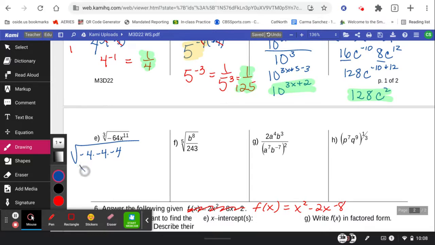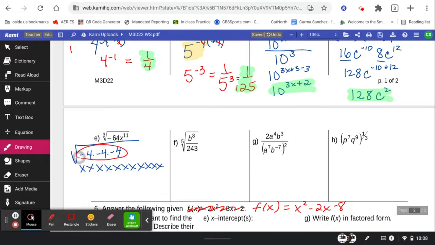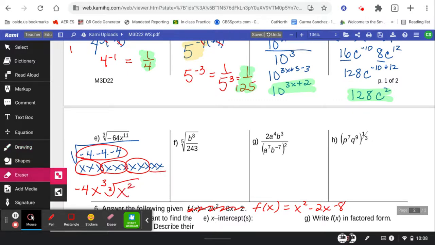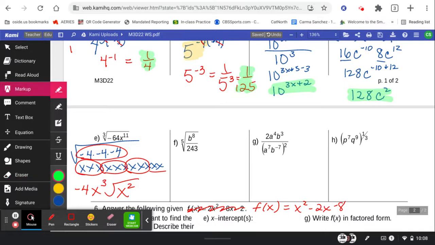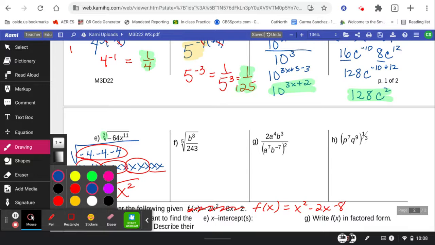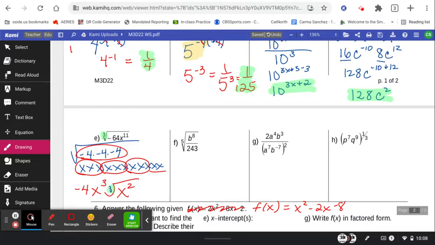And then x to the 11th. And we're looking for groups of 3. So a negative 4 can come out. An x, another x, another x. And then x squared is going to stay underneath. Don't forget about this little index of 3 that we need to have in our final answer.